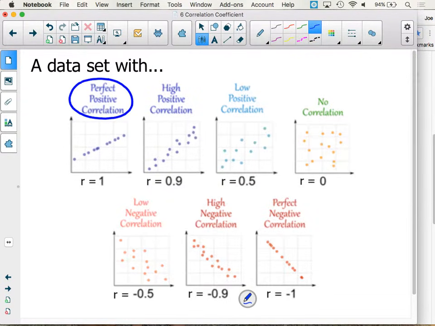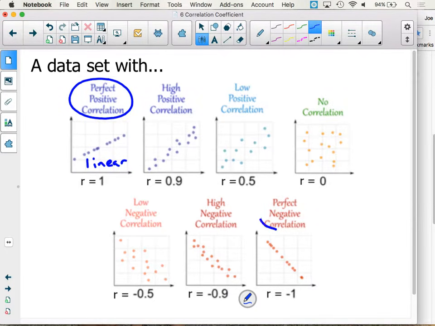When the R value is +1, the positive tells us that it's a direct relationship. As X increases, Y increases. The slope of the line of best fit would be +1. And in fact, it's a linear relationship. When R equals 1, it is linear. The dots form a perfect line.